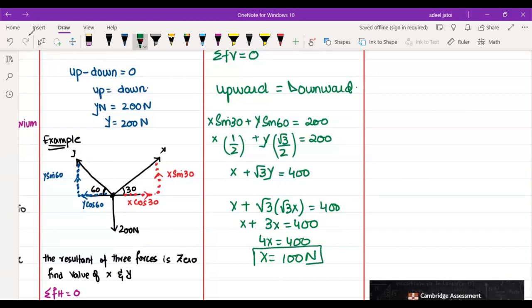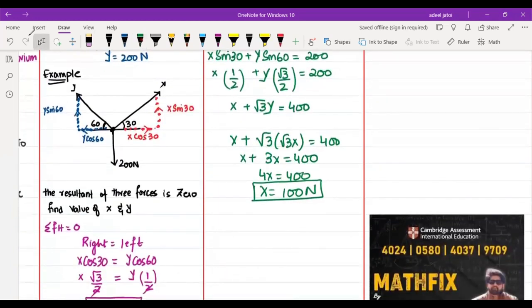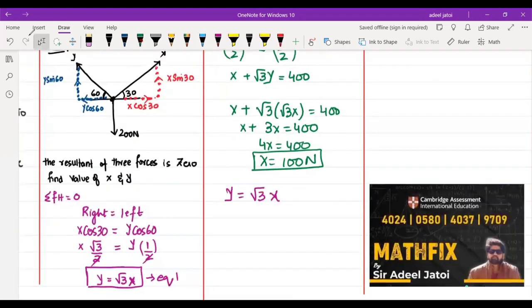Now we know that x is 100 Newton, and we found out earlier that y was under root 3x. So we can directly use y is equal to under root 3, and in place of x, we can use 100. So the value of y here will be 173.2 Newton.